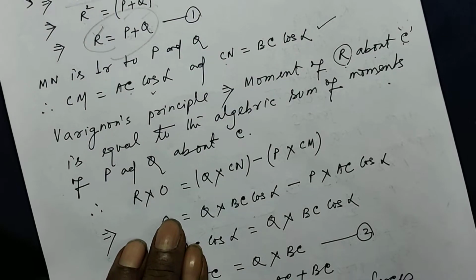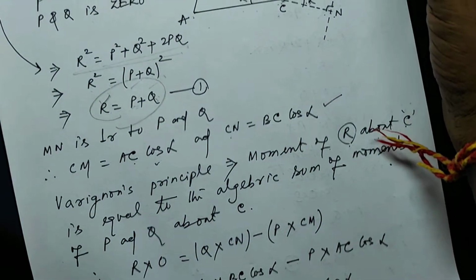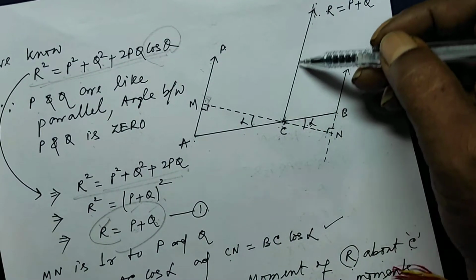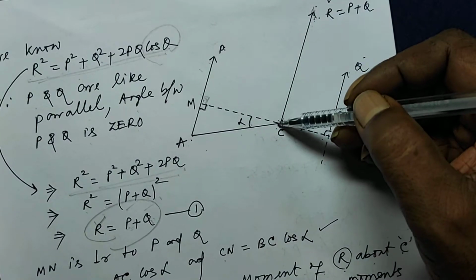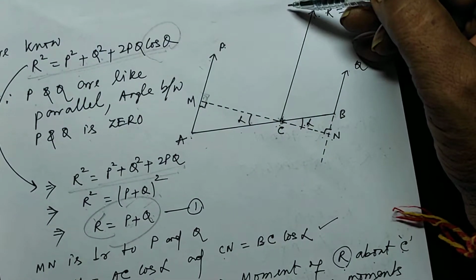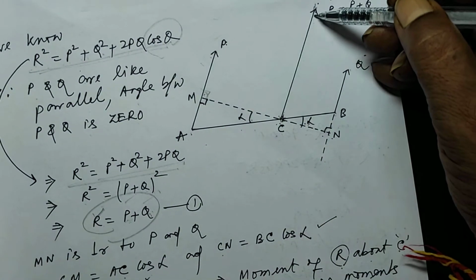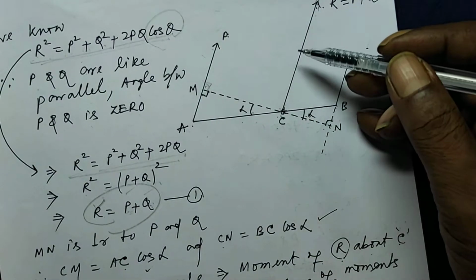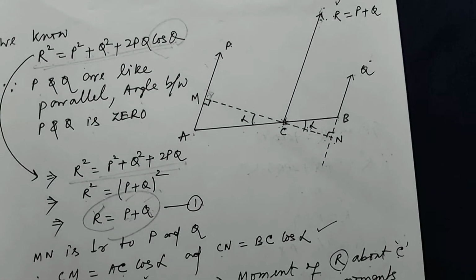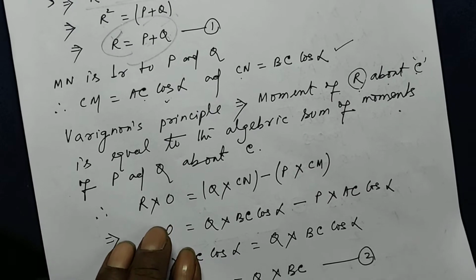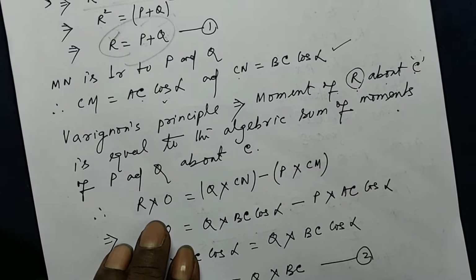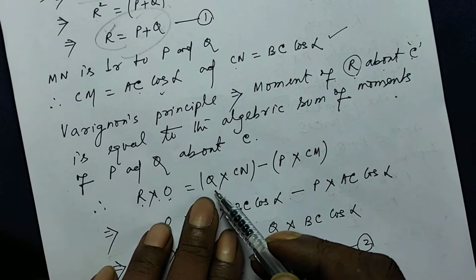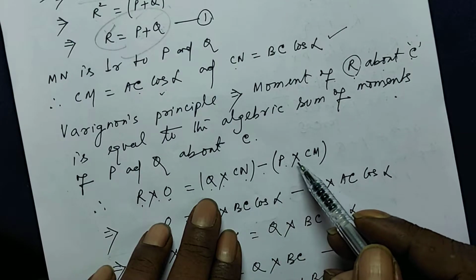So applying the principle, R times its perpendicular distance, this is the line of action of R. Had this R been here, then it would have a perpendicular distance from C. Since it is passing through C, the resultant R does not have a perpendicular distance, so its turning effect about point C is 0. So I have written R times the perpendicular distance, that is 0, will be Q times CN minus P times CM.